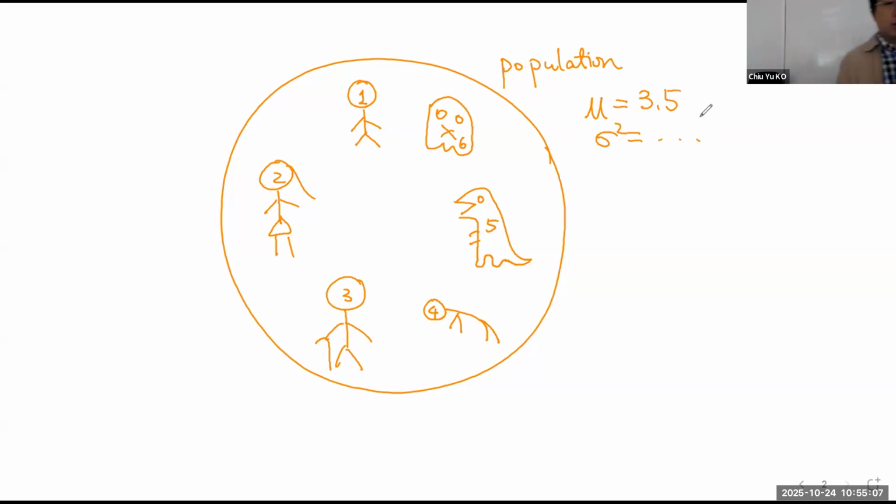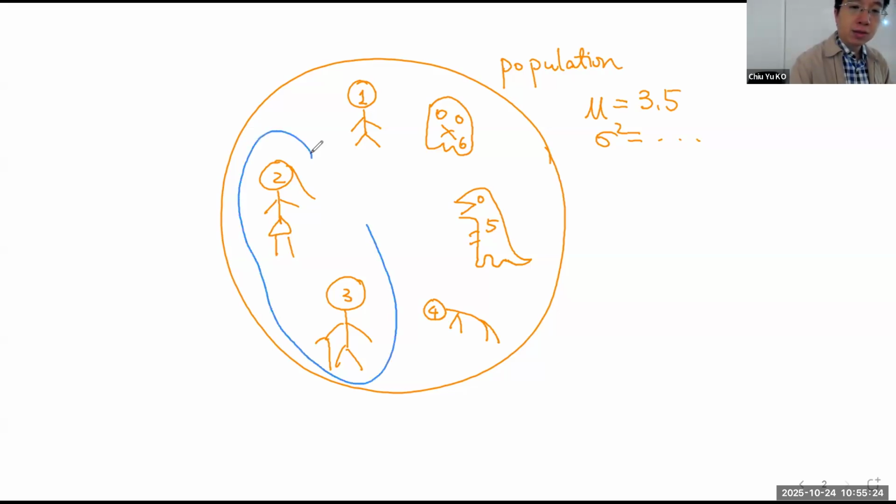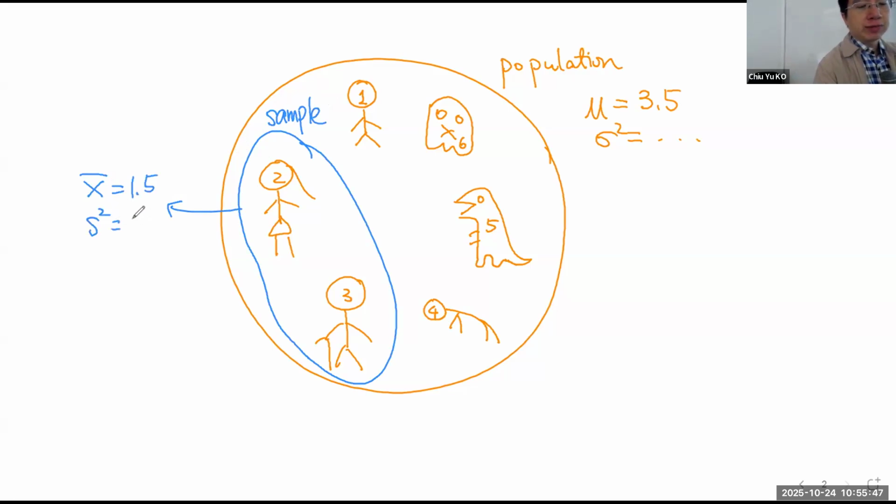And what we're going to do from last class is, we randomly grab some people here, and this is known as a sample. And in the sample, we will have a sample mean, in this case 1.5, and S square will be some number there.